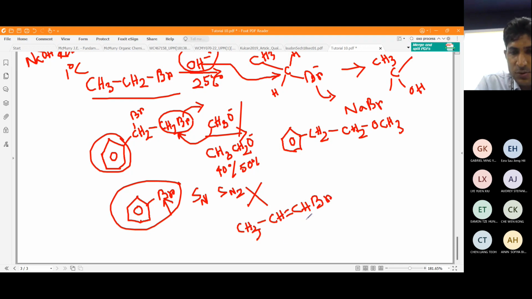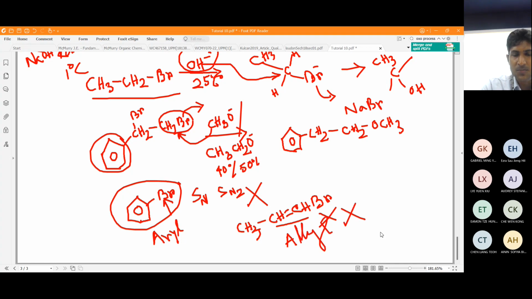In this type of reactant, the bromine, or iodine or fluorine or chlorine, is directly attached to a carbon that is attached to a double bond. This also does not go for reaction. This is an allylic halide, allyl halide. It's called aryl for the ring, and allyl for this. So these two reactions are not possible.